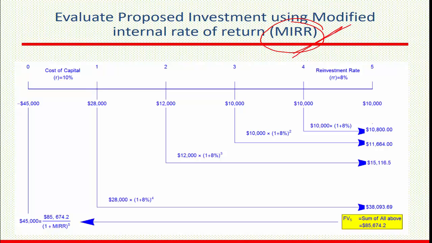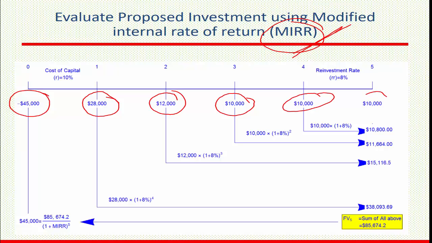So for this example, you invest 45,000, and after you invest, the first year's cash flow is 28,000, the second year cash flow is 12,000, the third year cash flow is 10,000, the fourth year cash flow 10,000, and the fifth year cash flow 10,000.